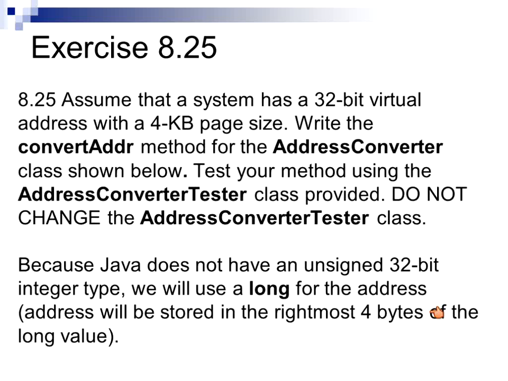So that's why we want to use a long, so that we can manipulate that lower 32 bits without it interpreting that high order bit as the sign bit in the value. Okay, so that's just a bit of background on why I chose a long for the address.